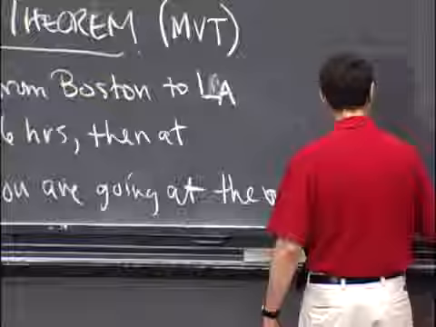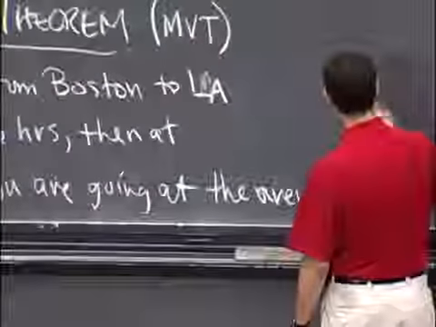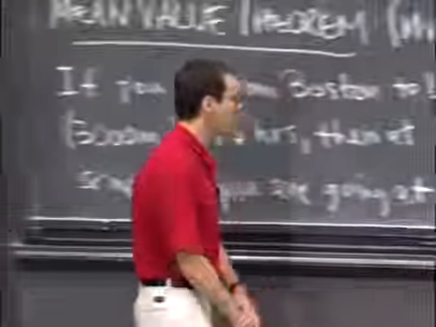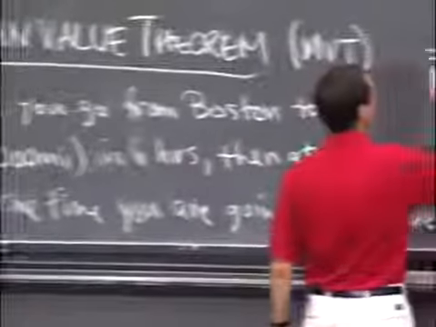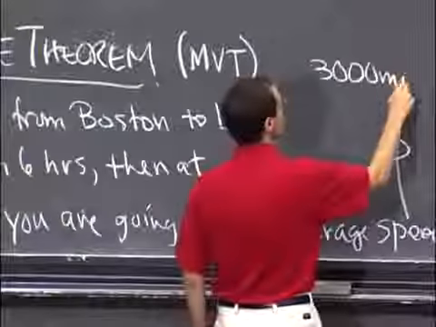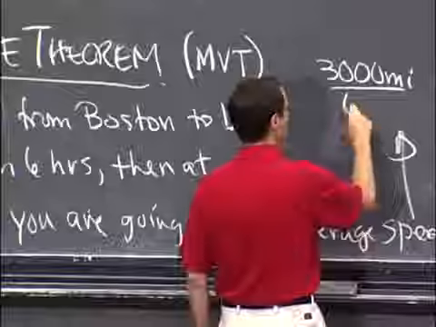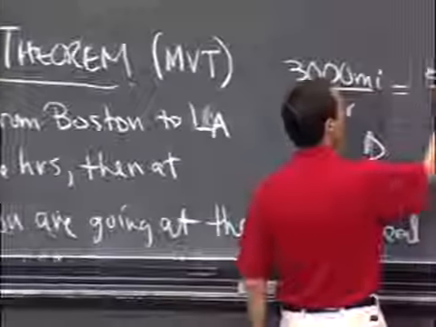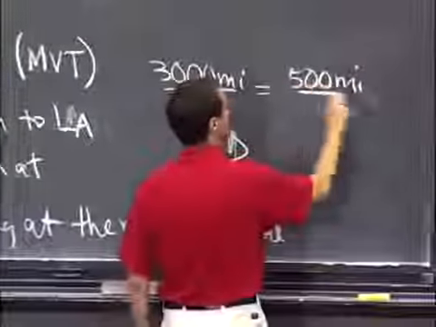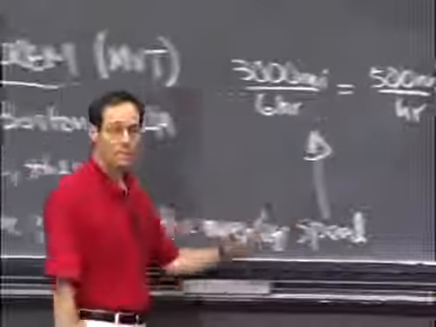So speed, which in this case is what? So we're going at the average speed. That's 3,000 miles divided by 6 hours. So that's 500 miles per hour. Exactly.